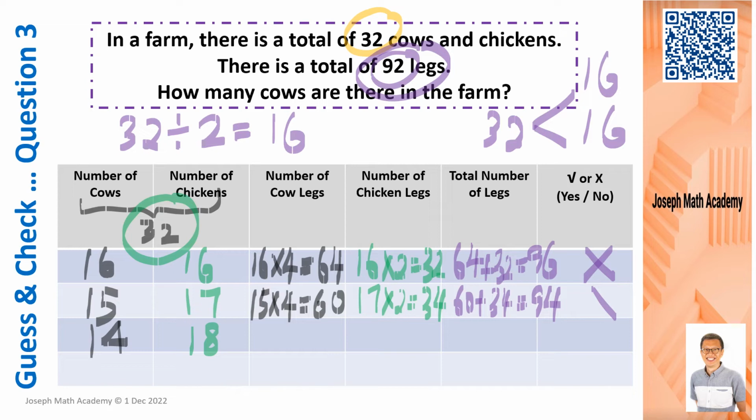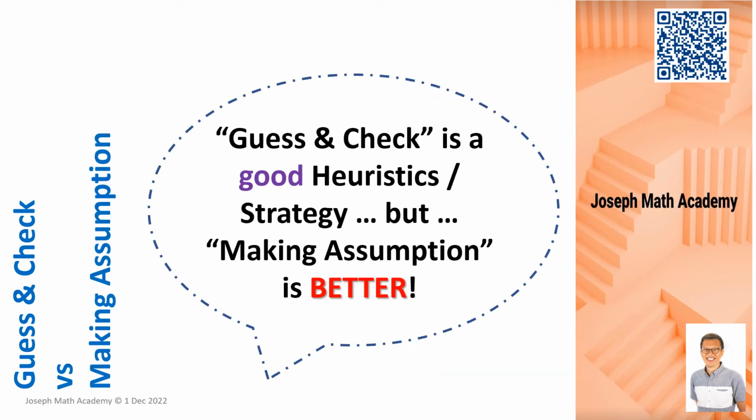And I want to share with you this question. Yes, we can use guess and check to solve it, but it can be more effectively done using making assumption, or in some schools, they call it making supposition.